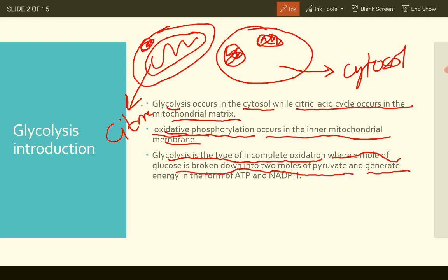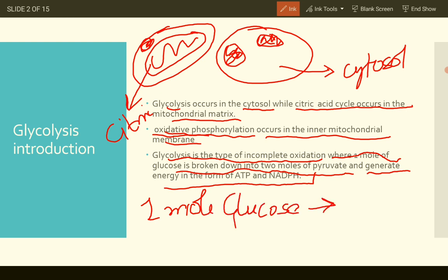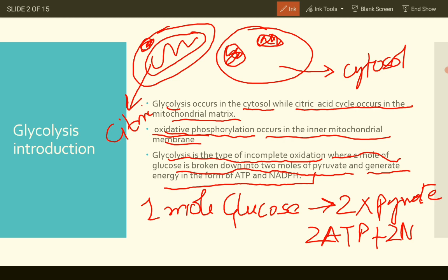In that process, it generates energy in the form of ATP and NADH. So 1 mole of glucose is converted into 2 moles of pyruvate, and in that process 2 ATP and 2 NADH are produced as energy.